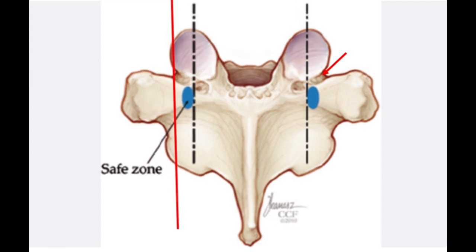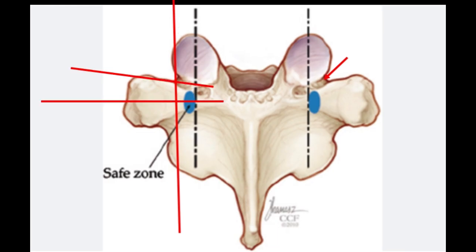You want to know the lateral border of the superior articular process, the superior border of the transverse process, and the line bisecting the transverse processes. So these three lines you have to draw mentally, and you can draw another line at the center of the superior articular process. So you will get a small rectangular zone. This is the zone where your entry point should lie.